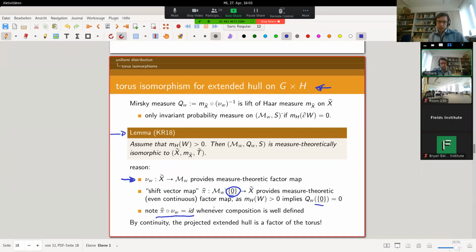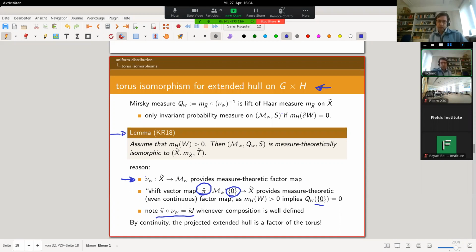Historically seen, the torus parameterization map was defined the other way around, in the spirit of this map attaching the torus coordinate to some configuration. But here we think it's a natural way to view this torus parameterization in this way. And yeah, we promote this side here.